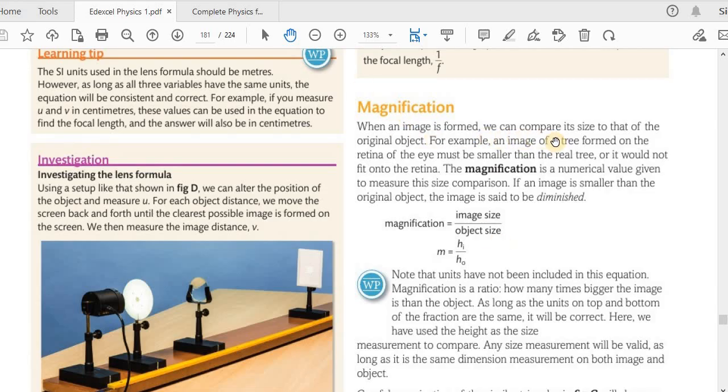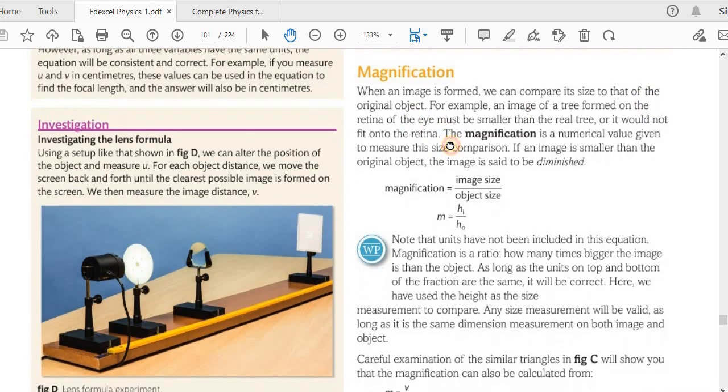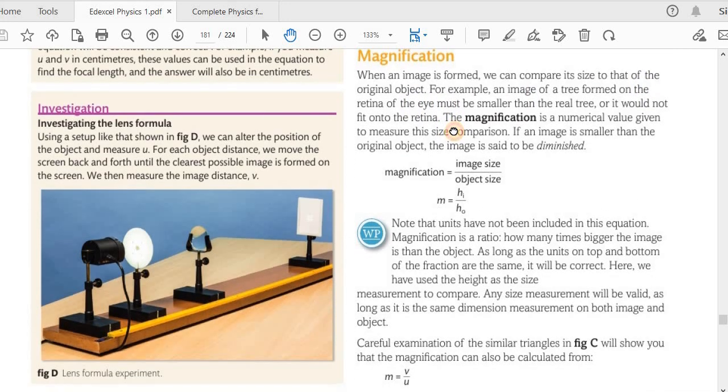When an image is formed, we can compare its size to that of the original object. For example, an image of a tree formed on the retina of the eye must be smaller than the real tree, or it would not fit into the retina. The magnification is a numerical value given to measure this size comparison.